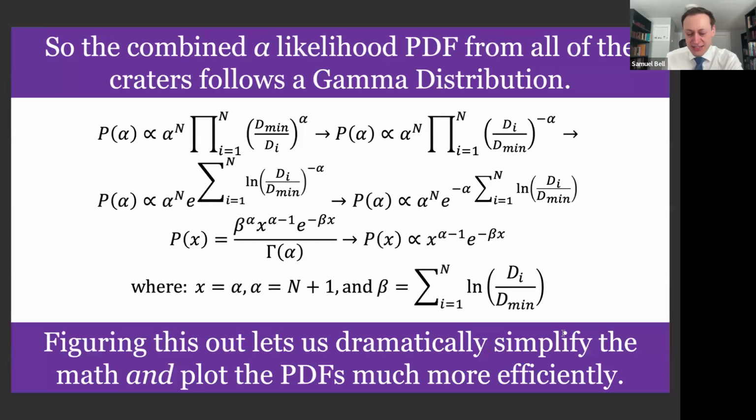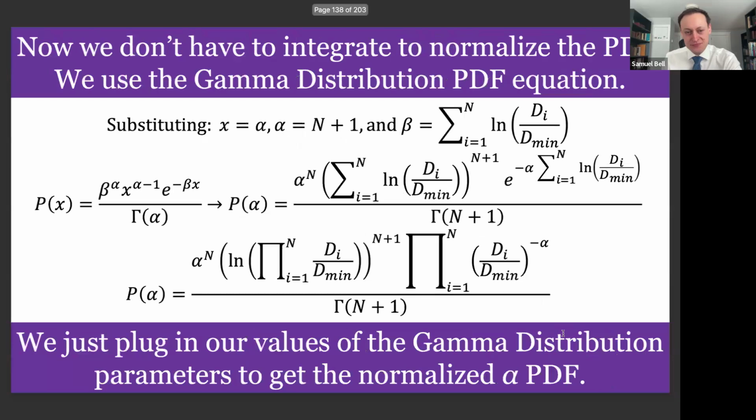Figuring this out lets us dramatically simplify the math and plot the PDFs much more efficiently. And we don't have to integrate to normalize the PDF. We just use the gamma distribution PDF equation. We just plug in our values of the gamma distribution parameters to get the normalized alpha PDF.